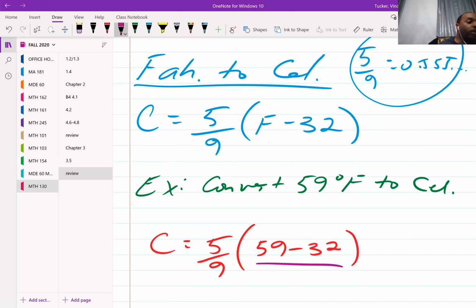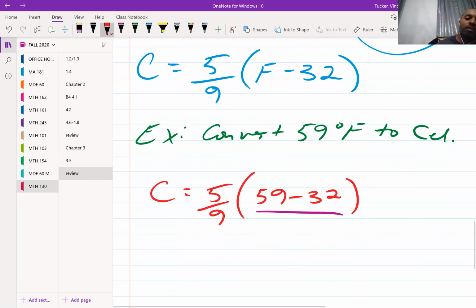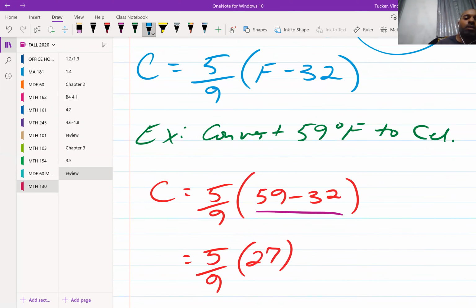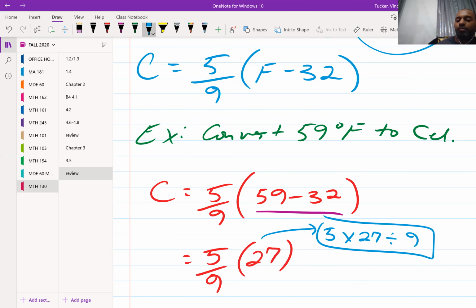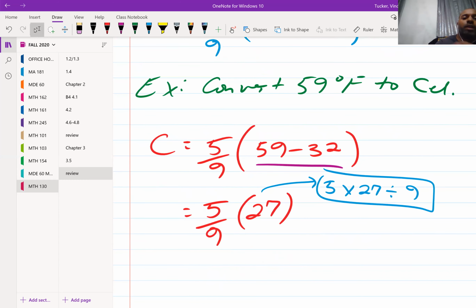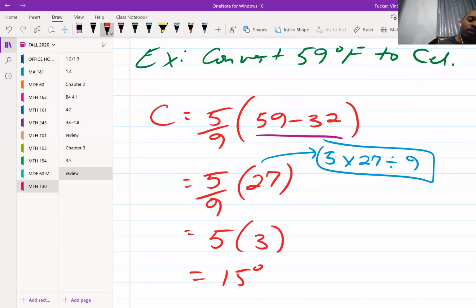Don't forget order of operations. You have to do what's in the parentheses first. So it's going to be 27. Once again, if you want to put it in your calculator, the easiest way to do it is 5 times 27 divided by 9. If I wasn't using the calculator, doing it by hand, I recognize that 9 can go into 27. Leave it with 3. 5 times 3, 15 degrees Celsius.